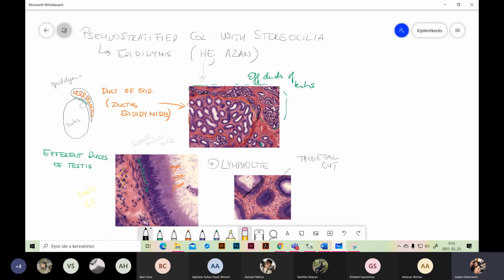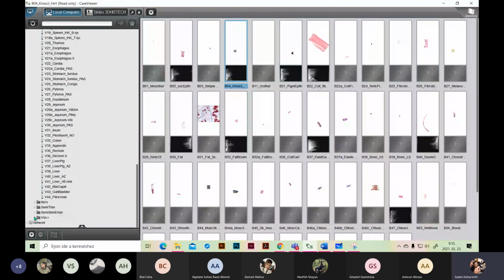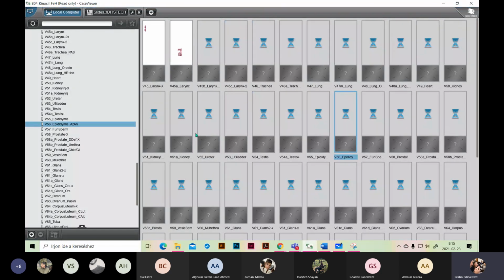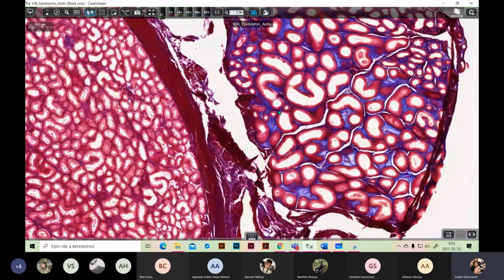Okay, and I show you the second slide from the epididymis. One moment. The theoretical material will be the same, but we have to see the staining methods. The staining methods will be different.